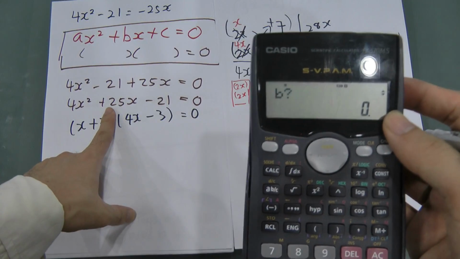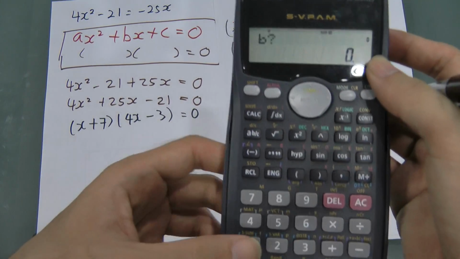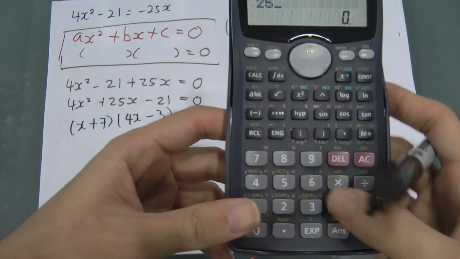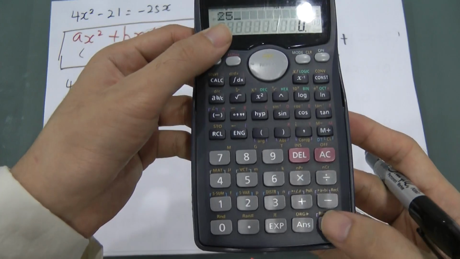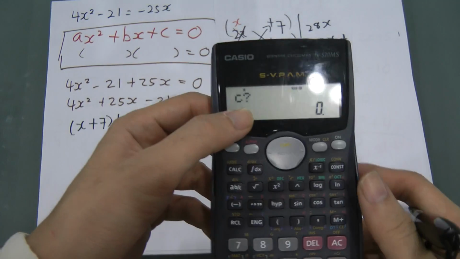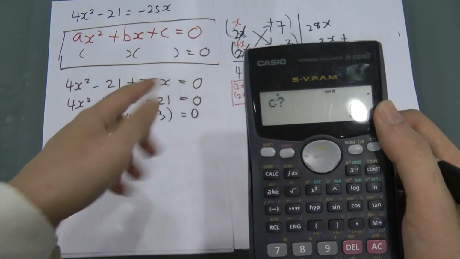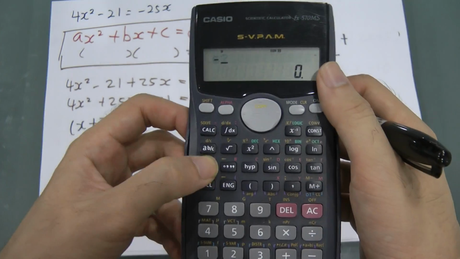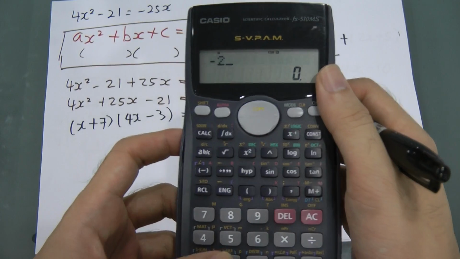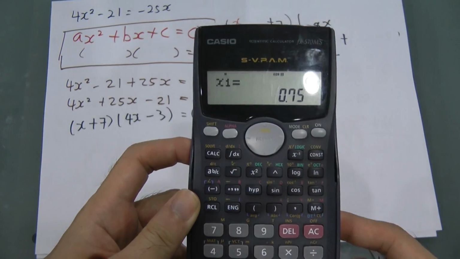B will be positive 25. So I press 25, and then I press equal. Then it asks what is the value C? C here is negative 21. So I press negative 21, and then I press equal.